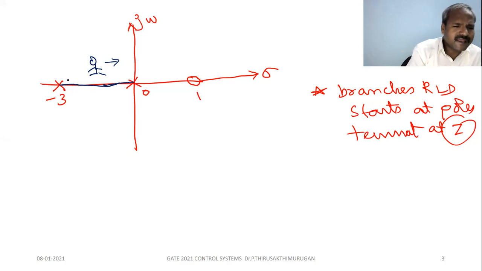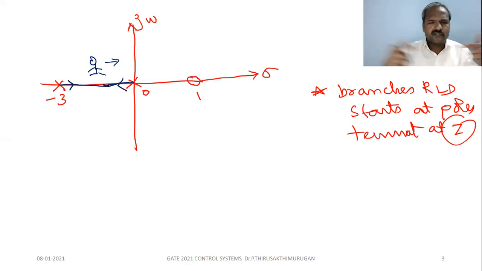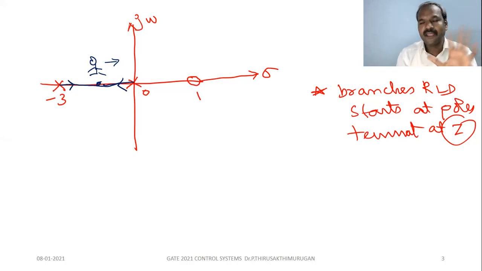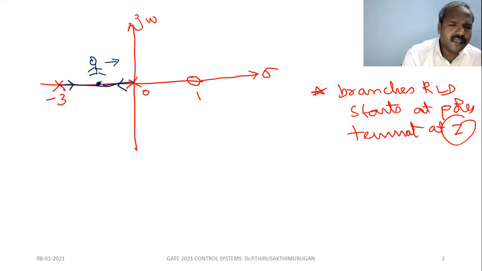This branch starts from here, and this branch starts from here. Whenever two branches meet together, they take a breakaway somewhere; we don't know where, but there will be a breakaway point. This is the very basic relation.